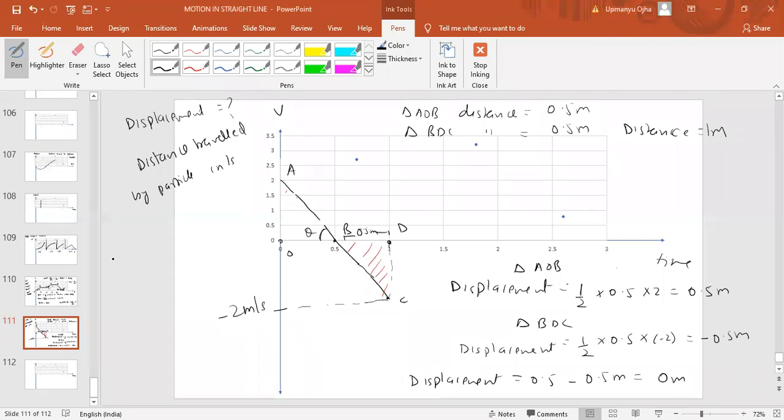Acceleration is tan theta. So tan theta is -2 by 0.5, which is the acceleration here. That will come as -4 meter per second square, is the answer for this problem.